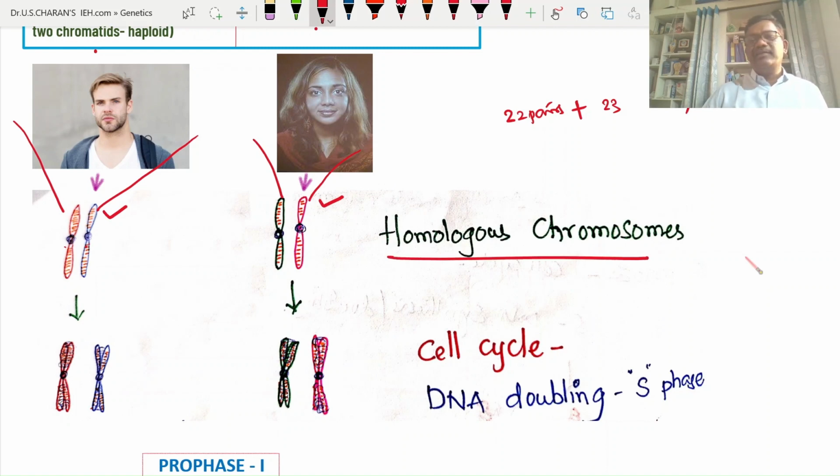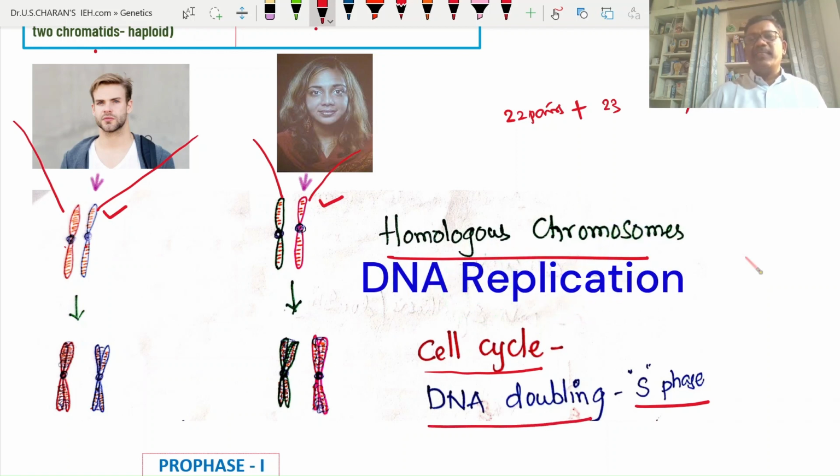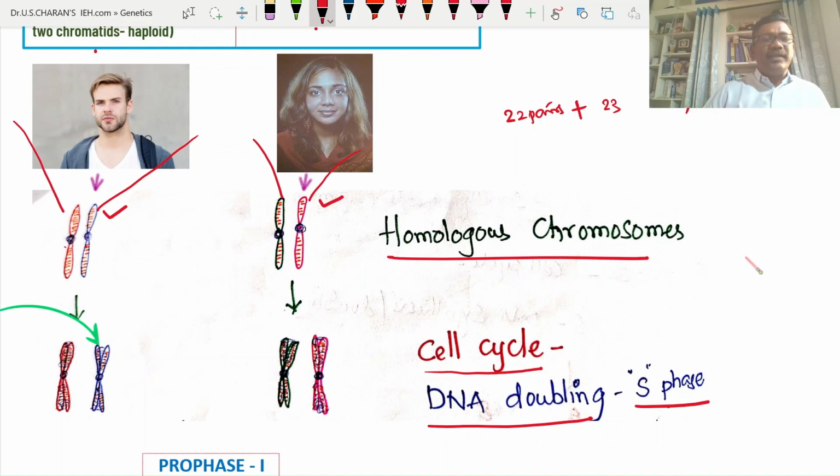The cell enters into the replication phase during the cell cycle. During the replication phase, called the S phase or synthesis phase, the DNA is doubling. So the DNA is doubling by the replication of DNA during the cell cycle at the S phase. What is happening? This is the already existing DNA, and the new DNA is synthesizing and they are holding with each other.